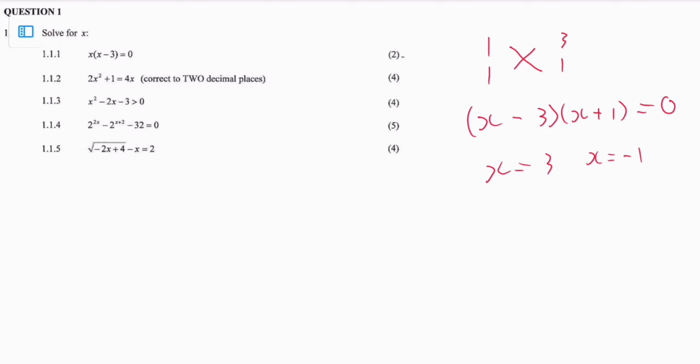Now let's draw the parabola. If you draw this, you'll get something like this, with -1 and 3. They ask us for this parabola, which values are greater than 0? It would be these values.